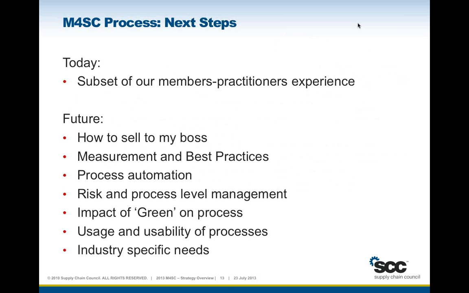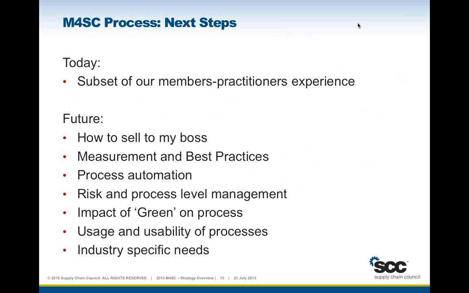So today, we have a first pass of this M4SC framework. It's a set of activities that we have seen repeated over multiple companies that manage supply chains at a fairly high level of maturity. And our question really is, what is it that we're missing? So some of the things that we did get feedback on is things like, how do I sell this to my boss? So I got that.